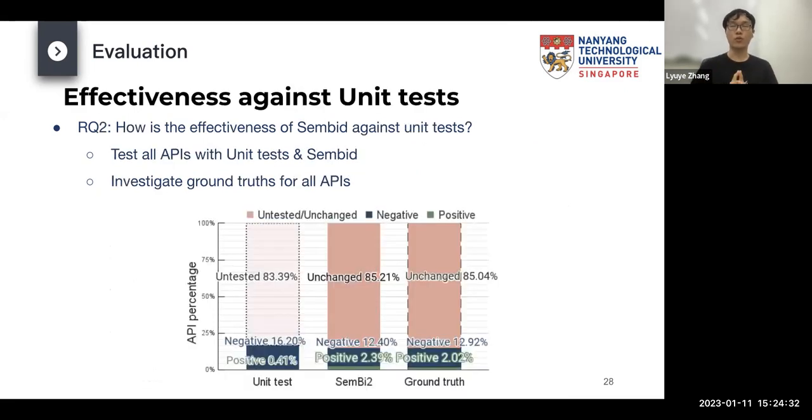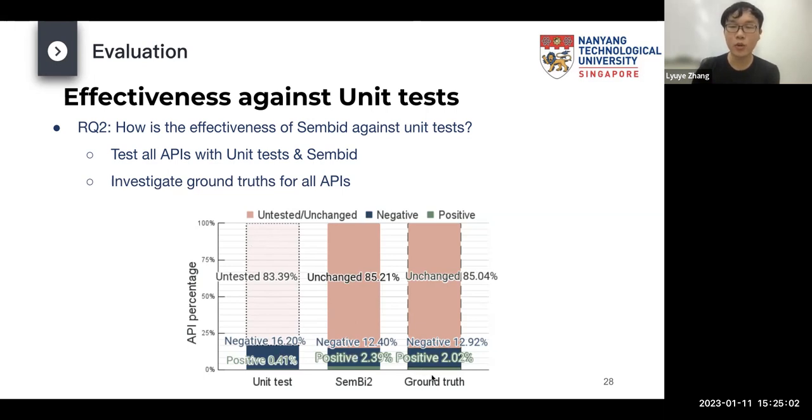And we also want to compare with unit tests, because unit tests are a common practice to detect such semantic breaking. Since unit tests are developed by the developers themselves, they cannot cover all the APIs. That's why we can see in this chart, unit tests don't test 83% of the APIs. They can only cover the rest, 16%.